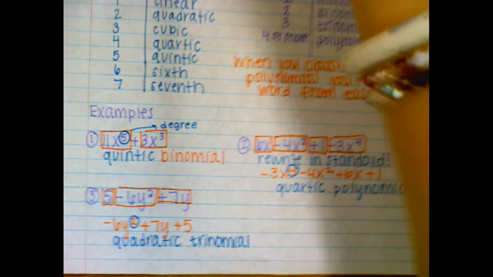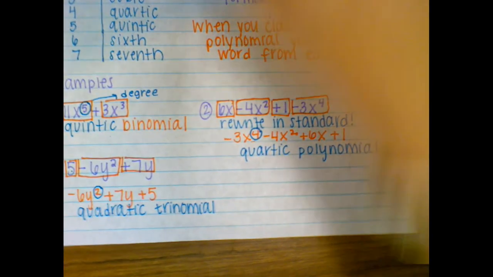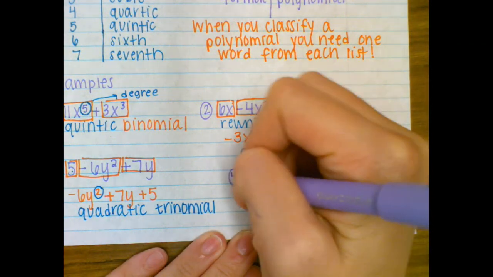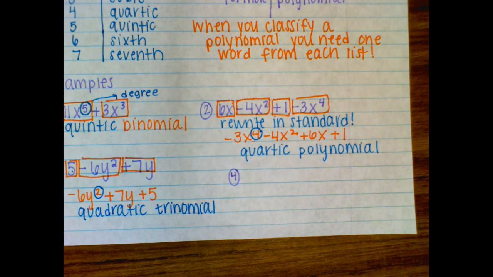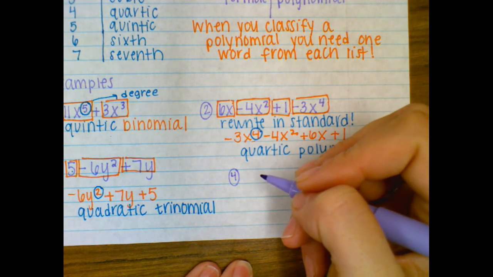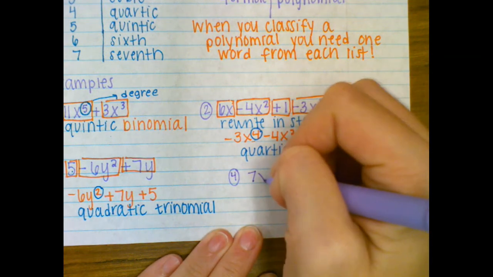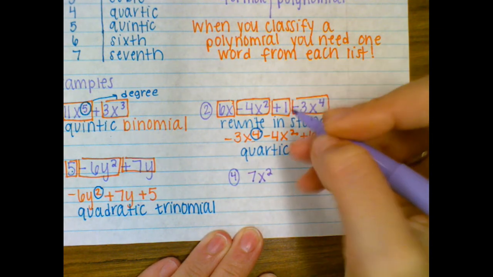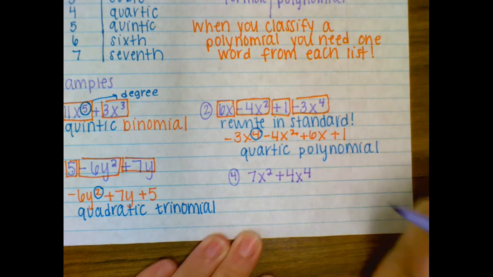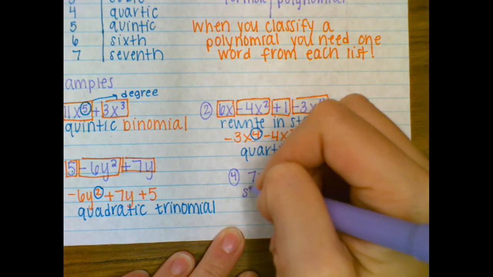So what I'm going to do for you here on the last example is I'm going to write one, and I'm going to ask you to tell me a couple things about it. And I'm going to pause it so you have time to do it. So let's do 7x squared plus 4x to the fourth. I want you to write it in standard form.